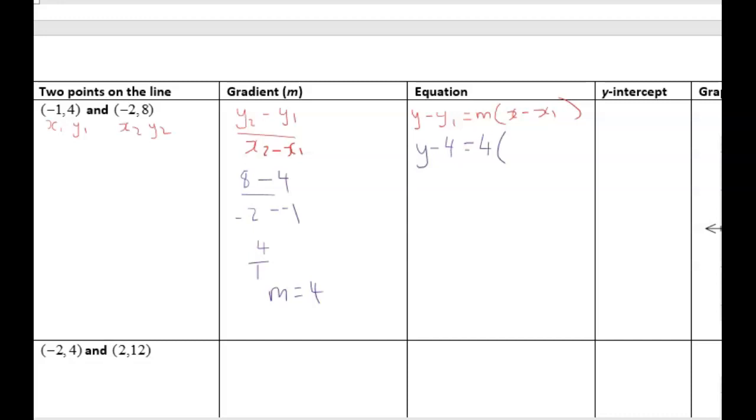And then x minus x1. So I've got y minus 4 equals 4x. 2 negatives gives you a positive, so that's just going to become plus 4. Whoops, I've made a mistake somewhere along the line.